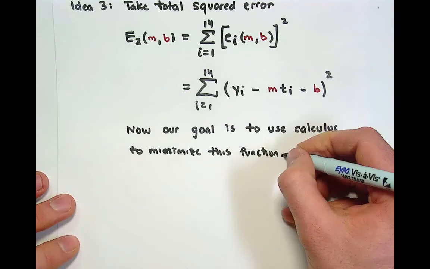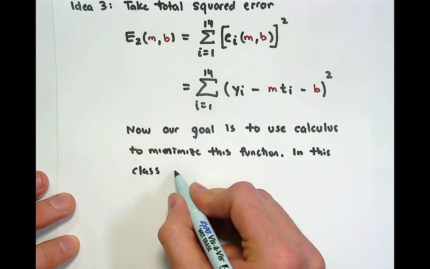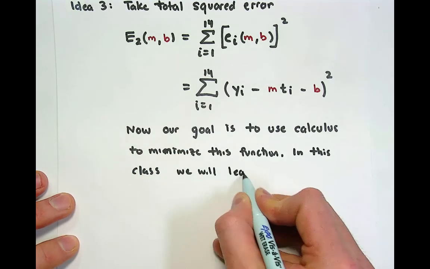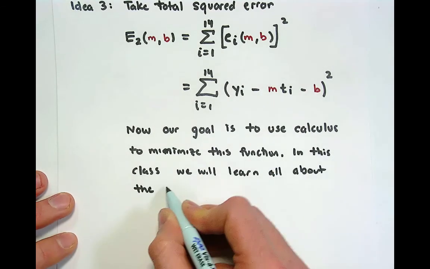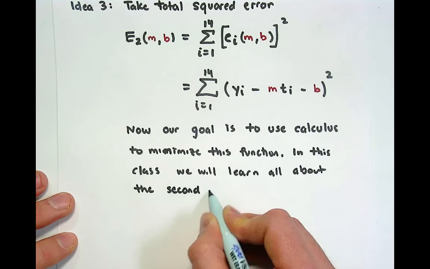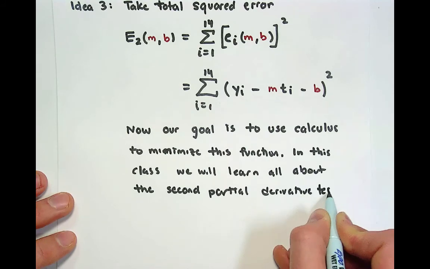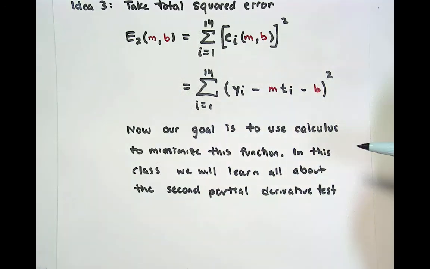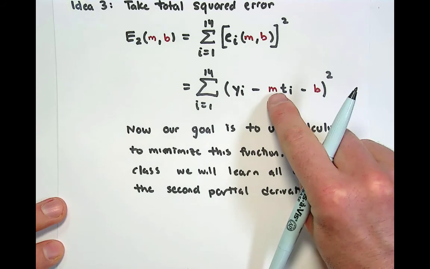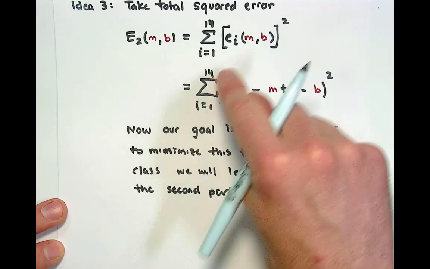In particular, we're going to construct the second partial derivative test, which allows us to minimize multivariable functions using this idea of derivatives in multiple variables. And this will allow us to produce the optimal M and B that best fit this.